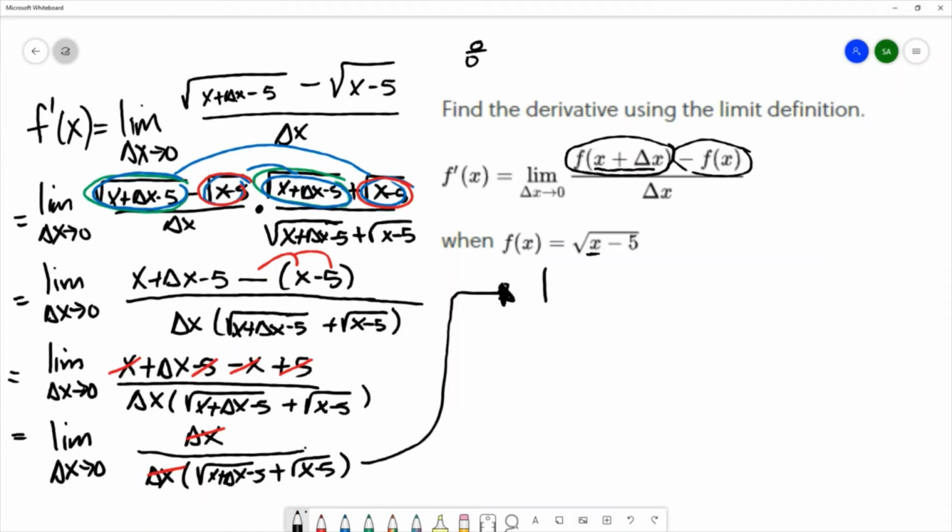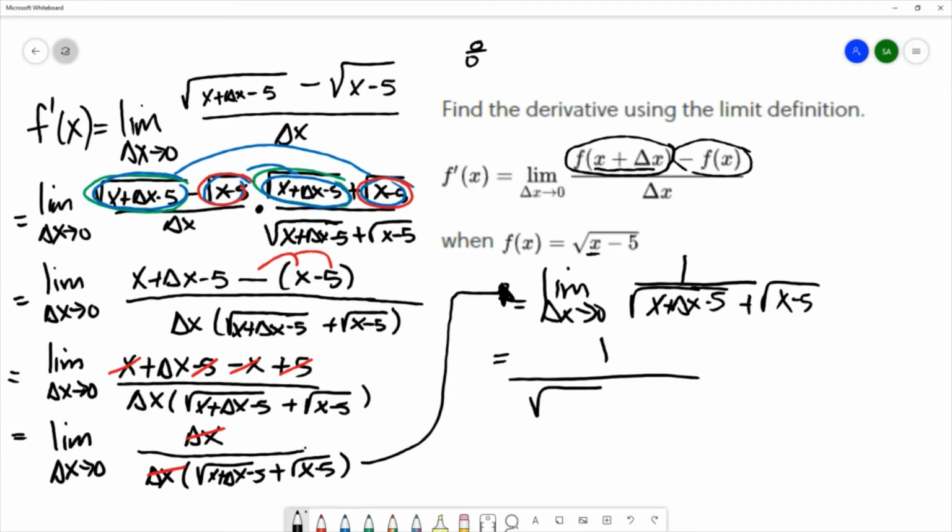We have the limit as delta x approaches 0 of 1 over square root x plus delta x minus 5 plus square root x minus 5. And now that those delta x's canceled out, we can use direct substitution. And we would have 1 over square root x plus 0 minus 5 plus square root x minus 5.